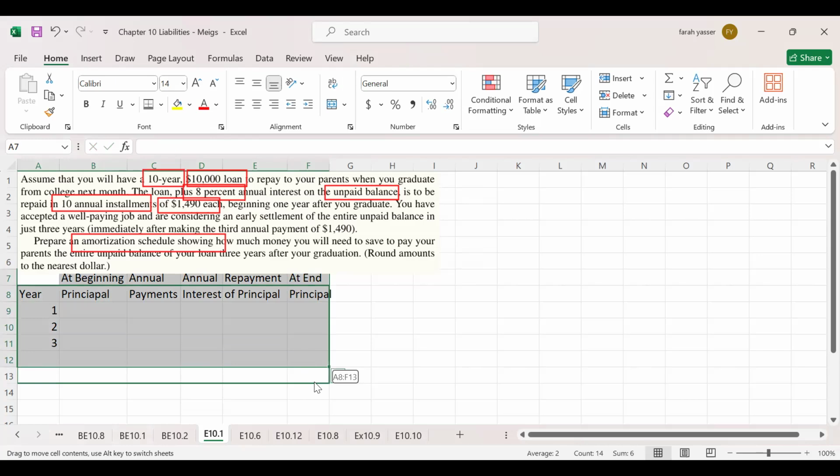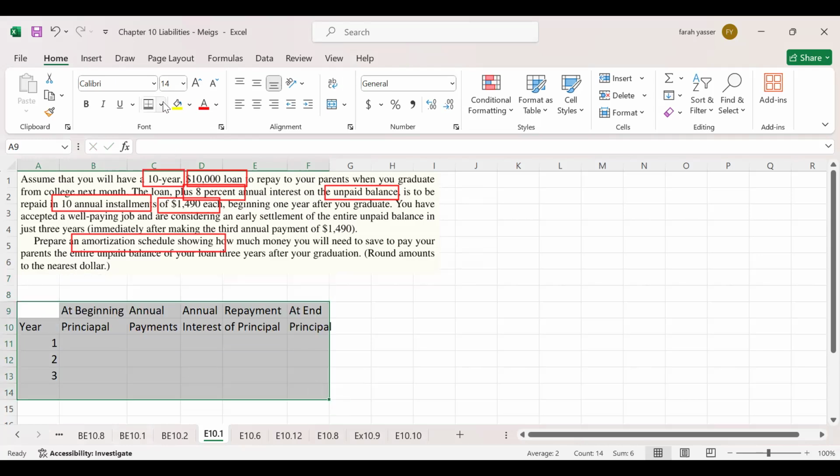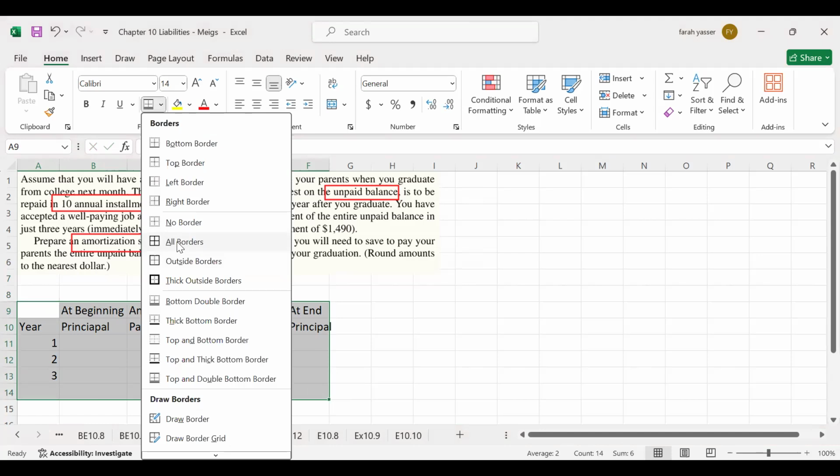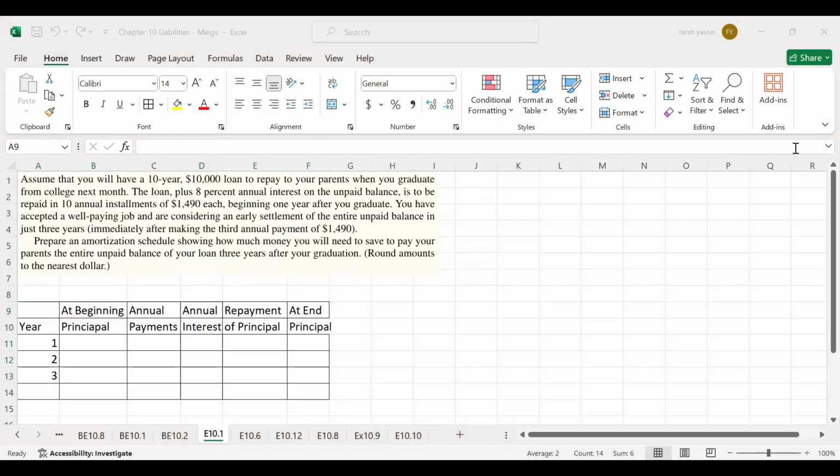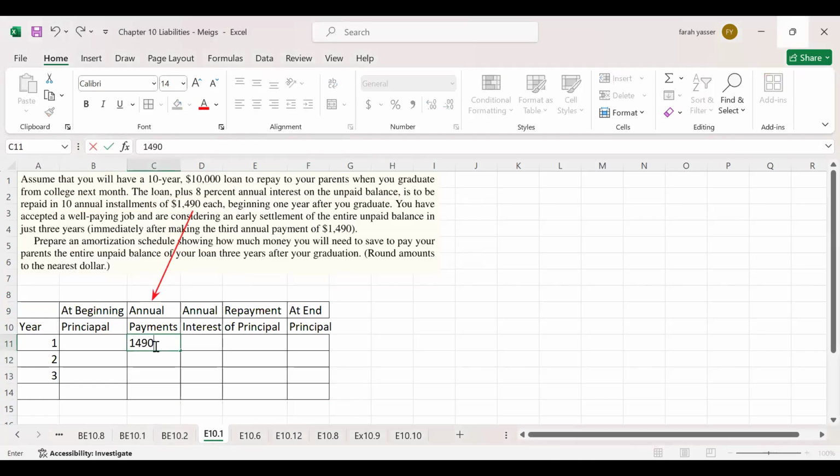Here it is. It is clearly mentioned that the payment or annual installment is 1490. And we have discussed that these payments are equal each period. So 1490, 1490, and 1490.